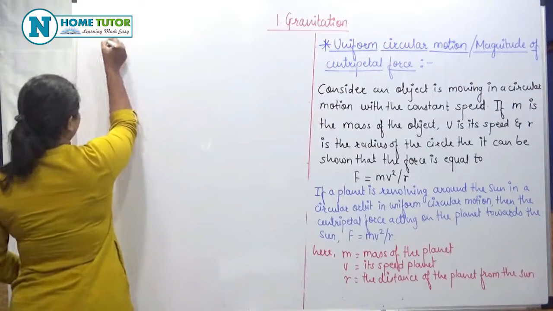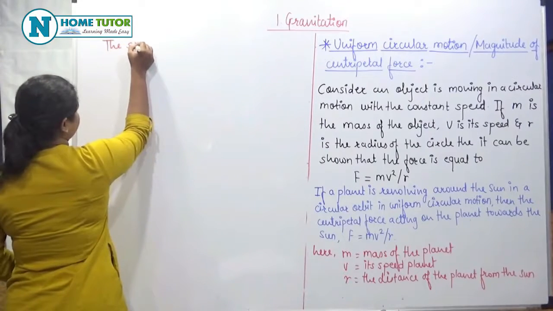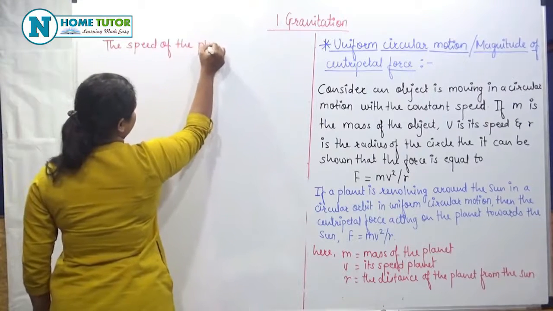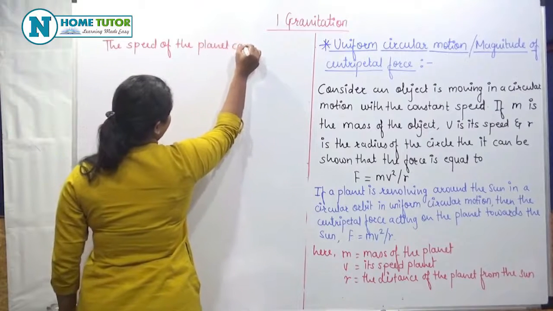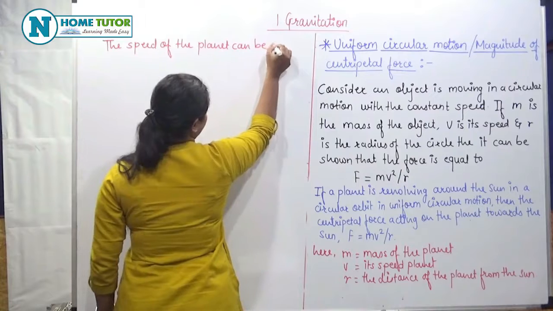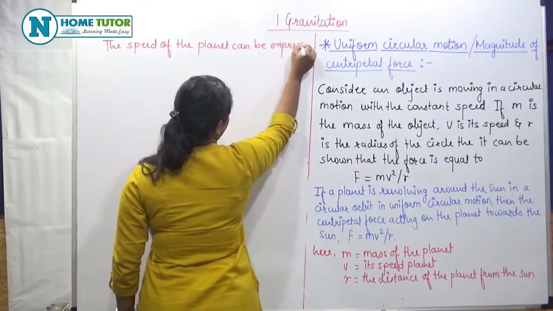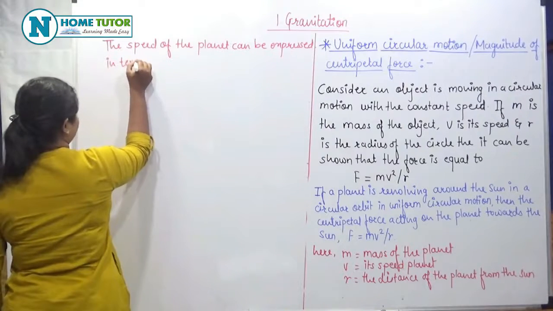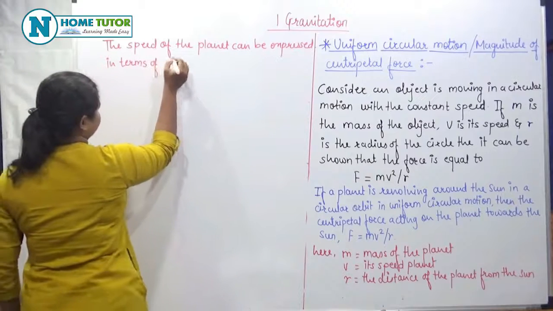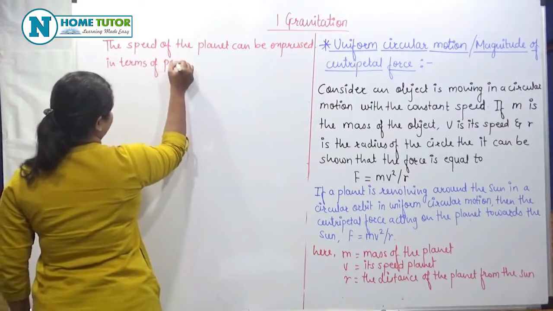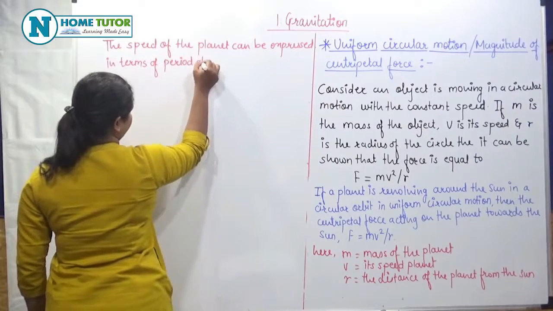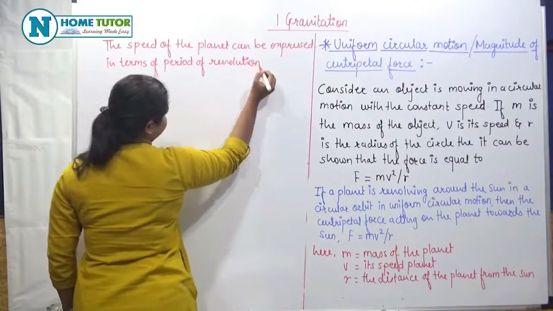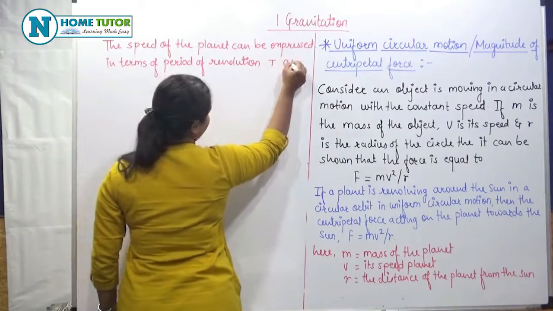Now the speed of the planet can be expressed in terms of period of revolution, T, as follows.